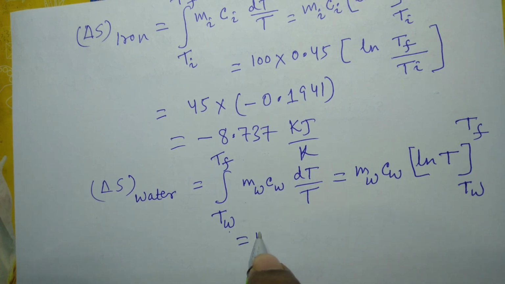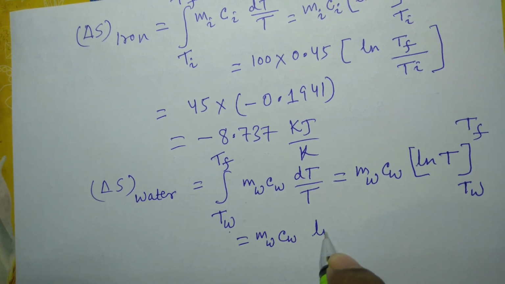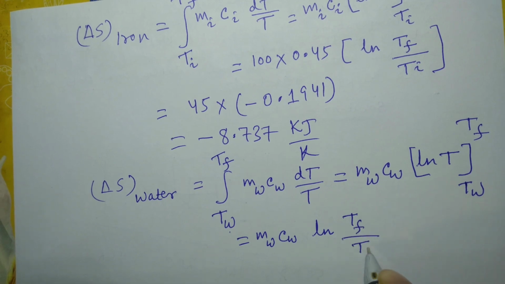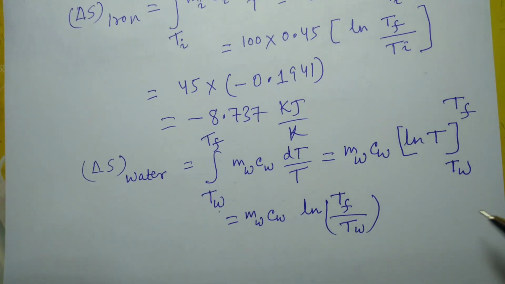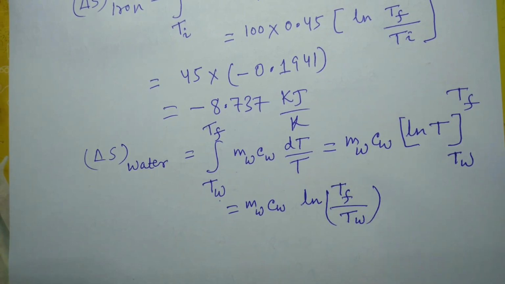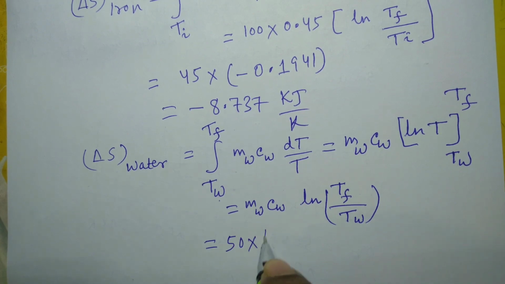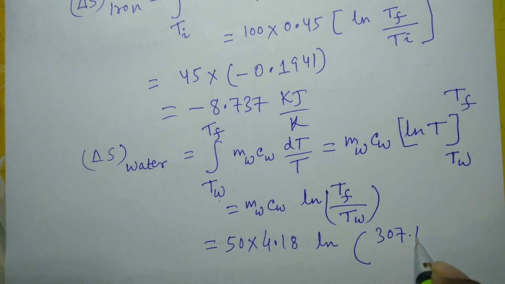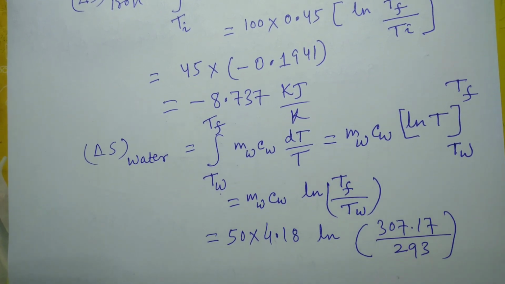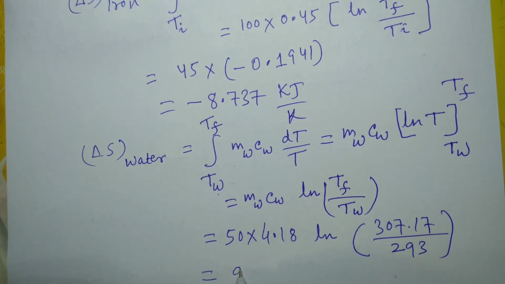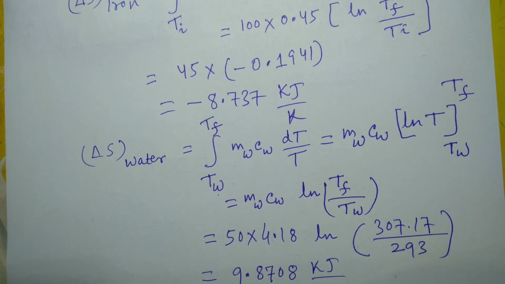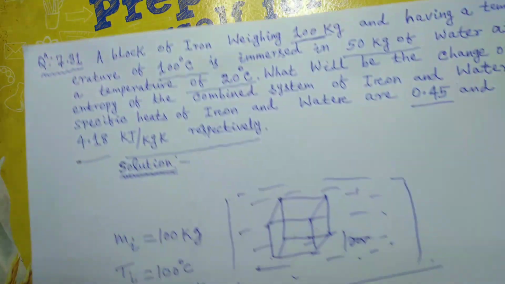This is equal to MW CW ln TF upon TW, where TW is the initial temperature of water and TF is the final equilibrium temperature. This is equal to 50 multiplied by 4.18 ln of 307.17 divided by 293, which is the initial temperature of water. So this is 9.8708 kilojoule per Kelvin.